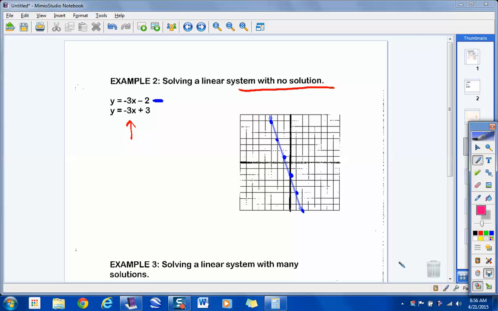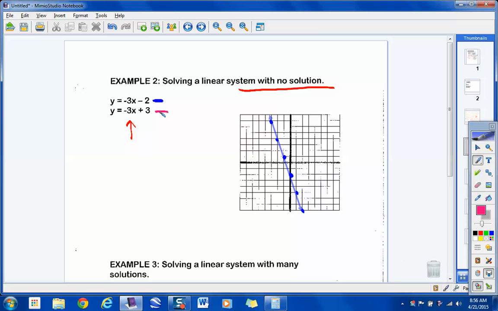What's the y-intercept on the second graph, kids? 3. Okay, so positive 3. I'm going to start off 1, 2, 3 units. Okay, how about the slope through that point? It's down 3 over 1.